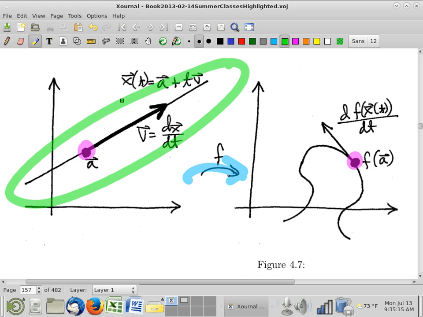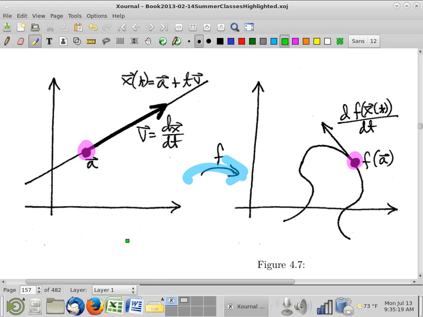How do I write that down algebraically? It's a pretty simple idea. I'm simply going to create a parametric line that does as instructed. Namely, I'm going to create a parametric line that starts at that point and moves with that velocity.